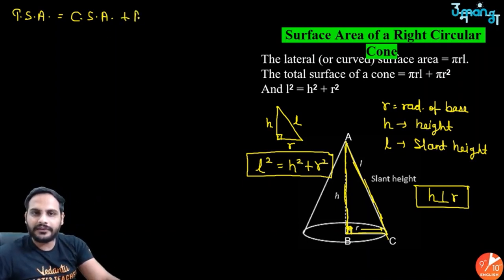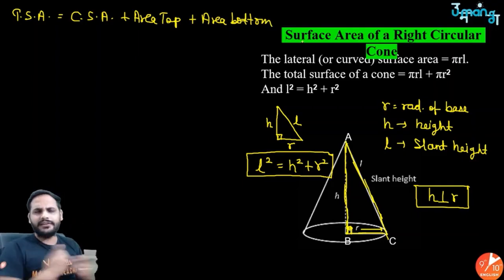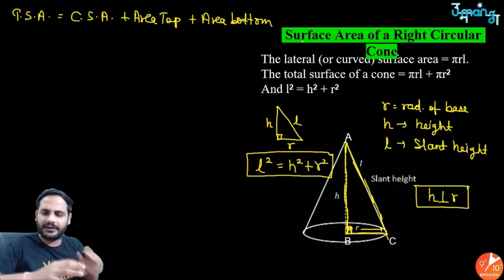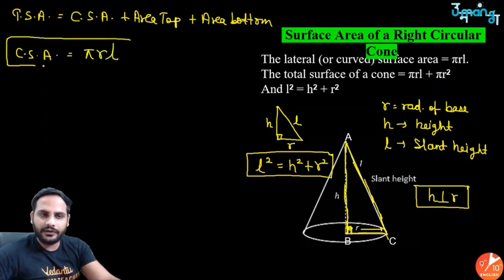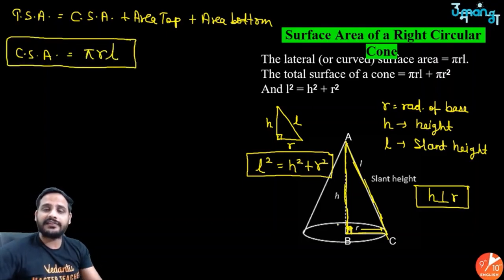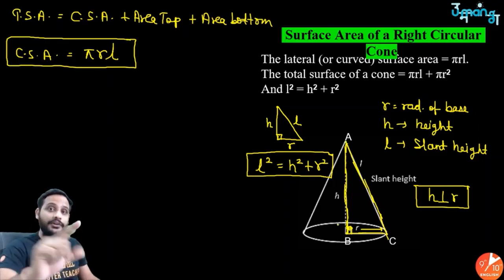This is true for all shapes, and understanding is developed from this part. Now the formula for CSA, remember, is pi r l. See very closely, it includes the slant height l. So pi into radius into slant height.